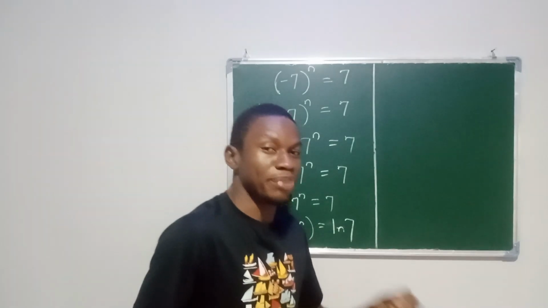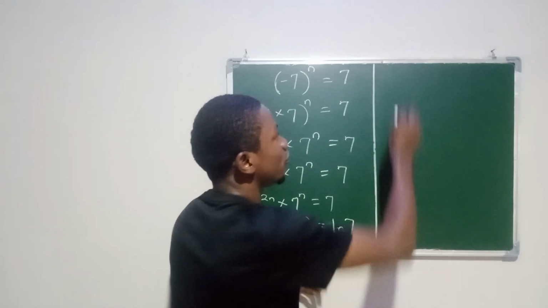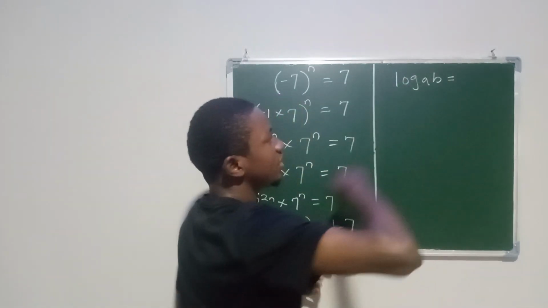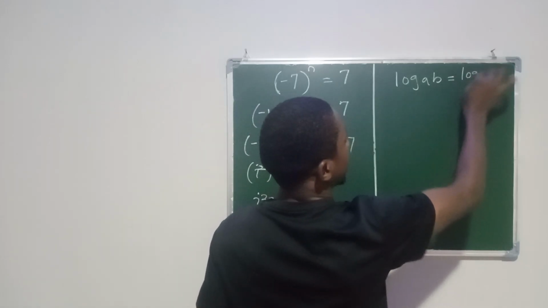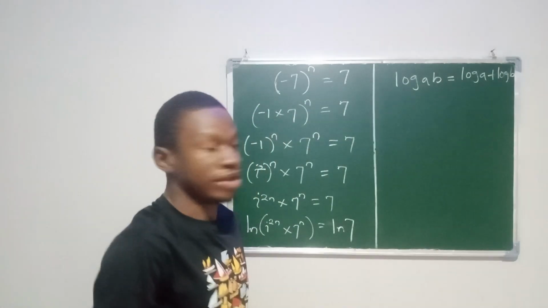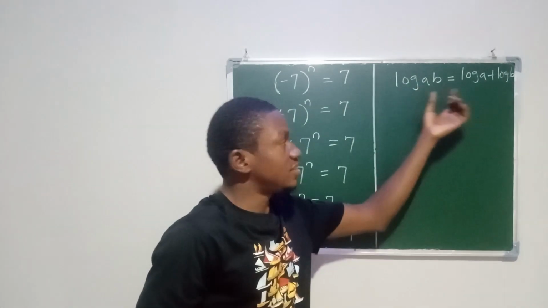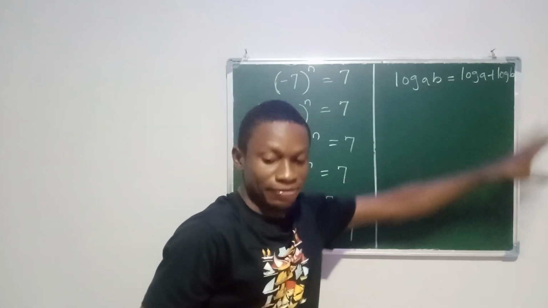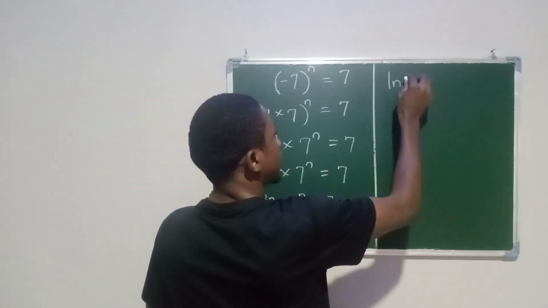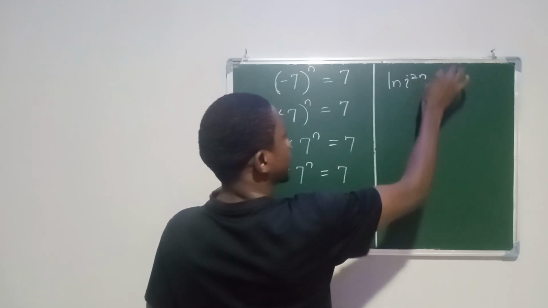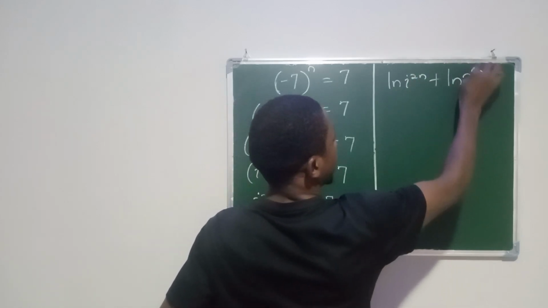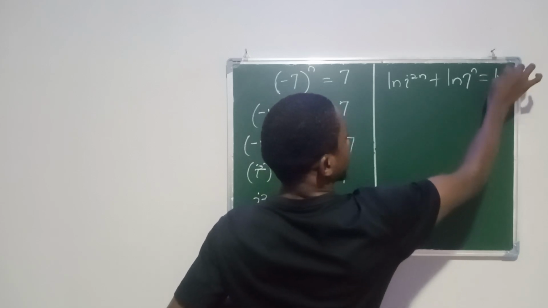Let me also take us back to the knowledge of logarithm, that log AB is the same thing as log A plus log B. So we can have the natural log of i raised to the power of 2n plus the natural log of 7 raised to the power of n is equal to the natural log of 7.